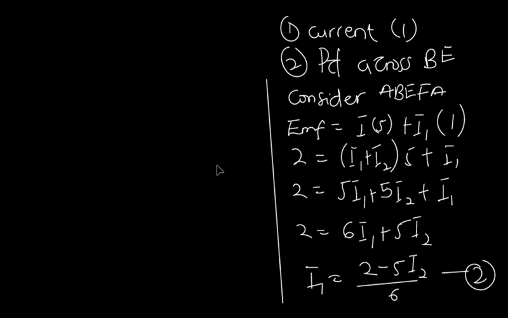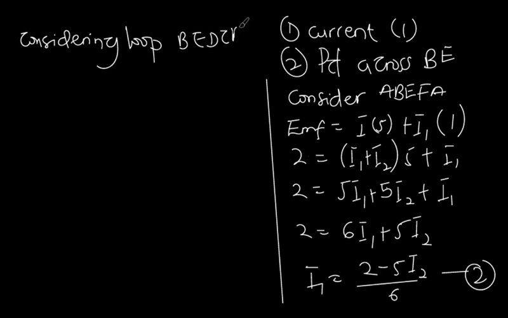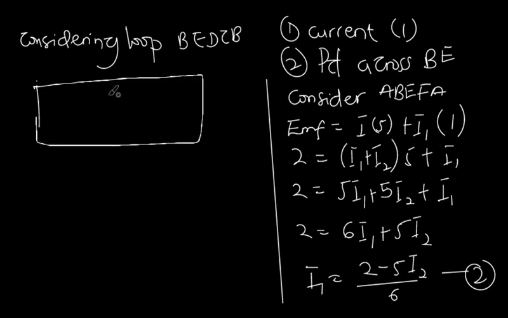Okay, so I know that is very bad, but if we consider the second loop, loop B, E, D, C, B, let me draw it something very small. Let me redraw everything so that we can all be on the same page.